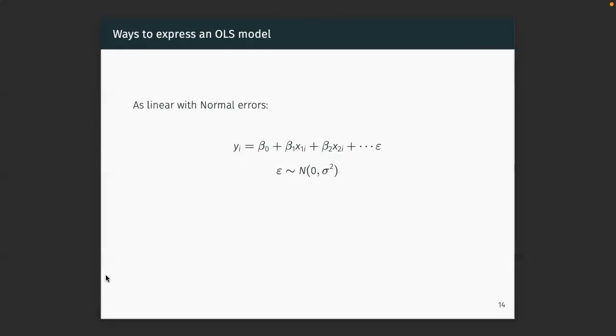Okay. Here's a couple ways to write a linear regression model. We've seen this before, but this is maybe new. So we're going to say that yi is equal to beta 0 plus beta 1x plus beta 2x2 plus epsilon, right? And we can add any number of betas and x's we like, and this model still works. And then we can say that the error term follows a normal distribution with mean 0 and variance sigma squared.